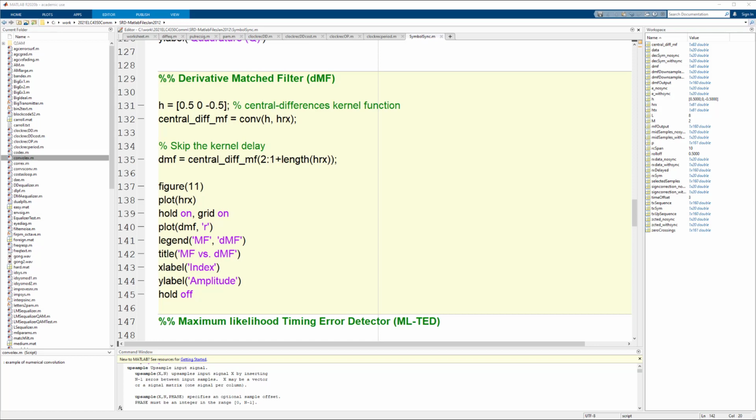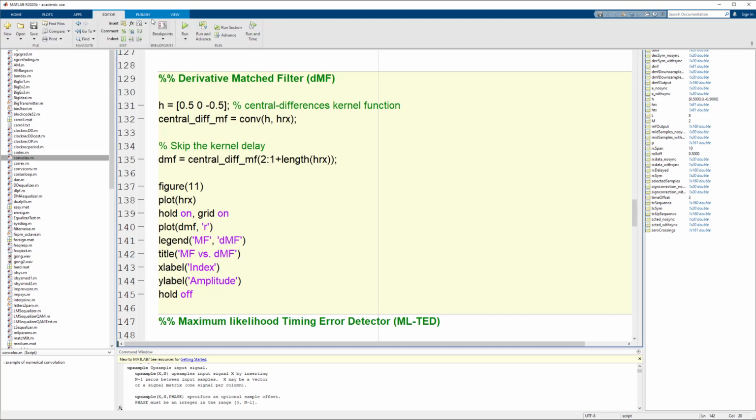On line 135, we remove the filter effect, so given the filter length of h, 3 minus 1, we remove a filter length of 2. Then in figure 11, we plot both the received matched filter, that is the square root raised cosine, and the derivative matched filter on the same plot, with the derivative matched filter shown in red.